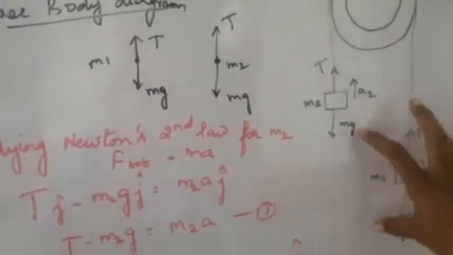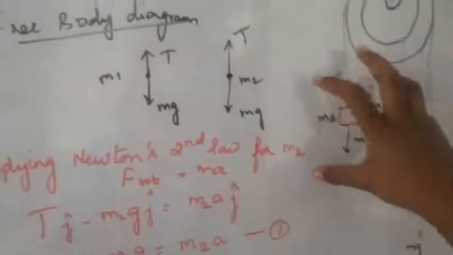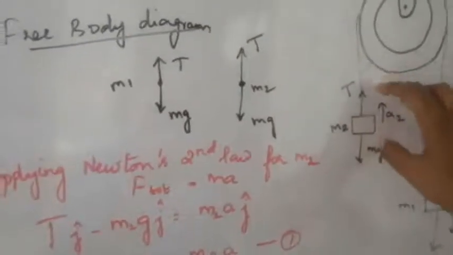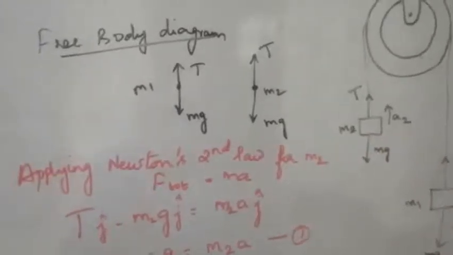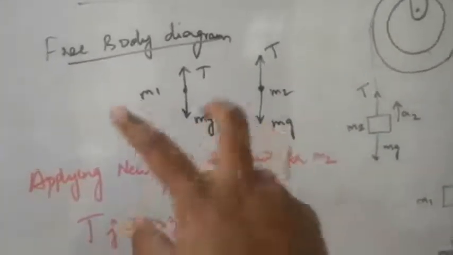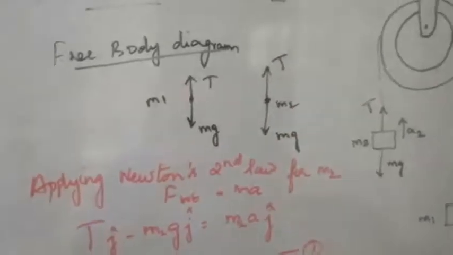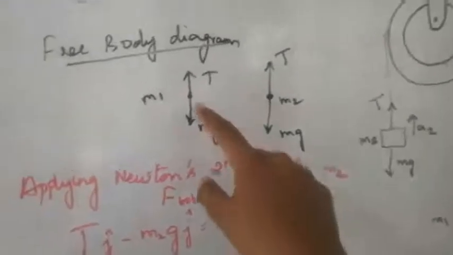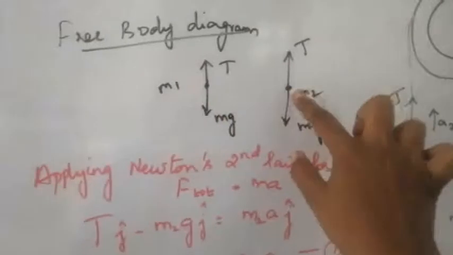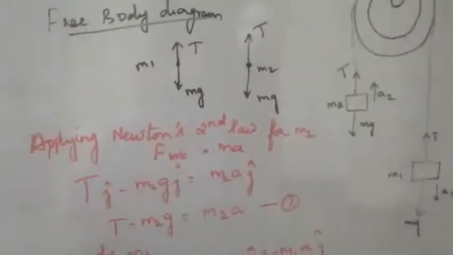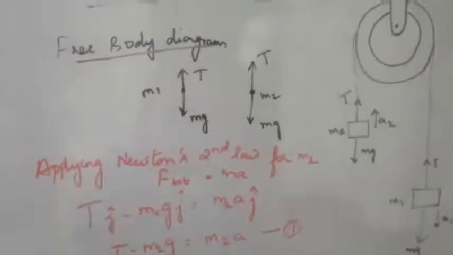Only these two forces are acting on m1. Similarly for m2 also, the tension force and the gravitational force mg. So these are the two forces acting on the two objects, and the free body diagram is given like this. You have to identify the forces, consider the mass as a dot, and indicate the forces acting on that object along with direction. So we are done with this.